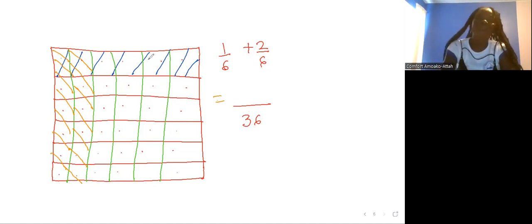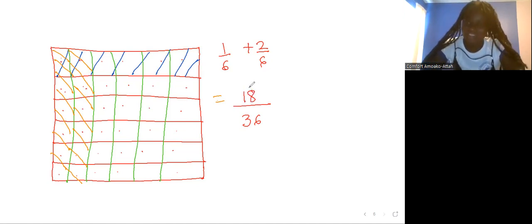You get it? So counting up to 18. Great. That is giving us what? 18 out of 36. And so this is our answer for this fraction.